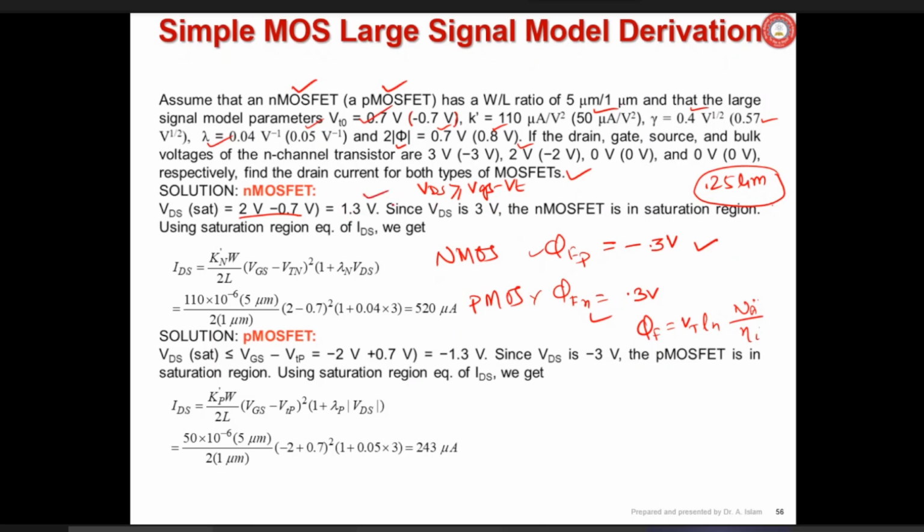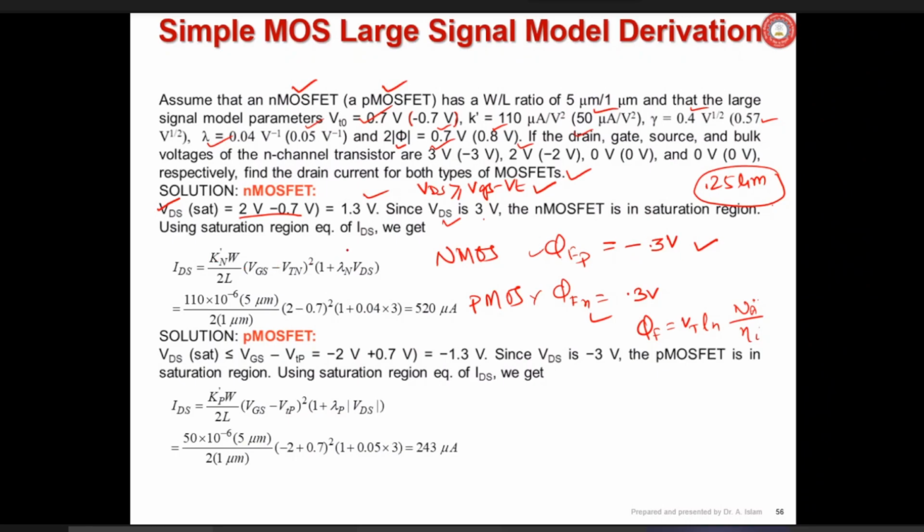So 1.3 volt is VGS minus VT, and VDS is 3 volt as given, the drain voltage. So VDS is greater than VGS minus VT, meaning 3 volt is greater than 1.3 volt. So the MOSFET is in saturation region, and I have put VDS sat, indicating the VDS applicable for saturation region operation, greater than VGS minus VT.